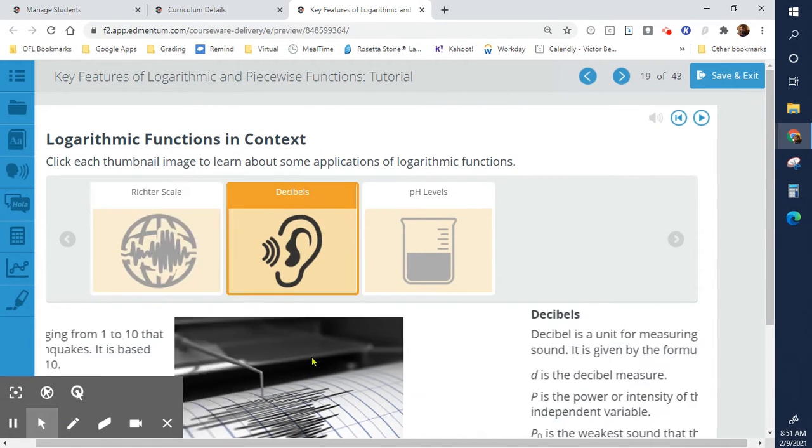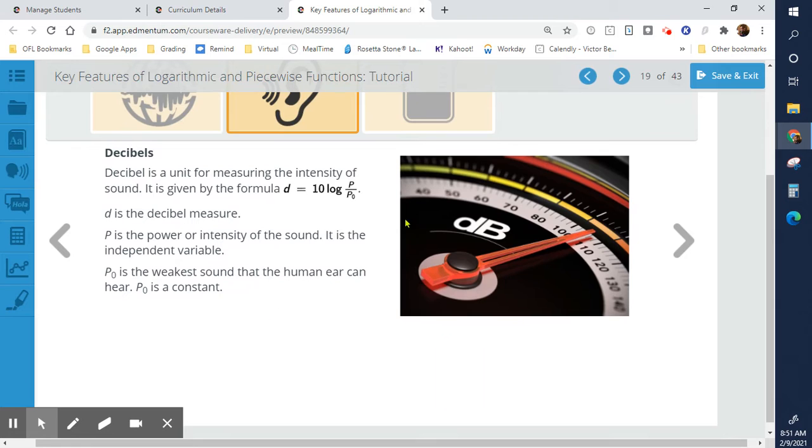Another one is decibels. Decibels we usually measure times 10. The reason for this is that sound is so tiny, like the weakest sound we can hear and the actual sounds we can hear. Basically, the range of human hearing is really small. So if we were to measure something, we're going to get little decimals.